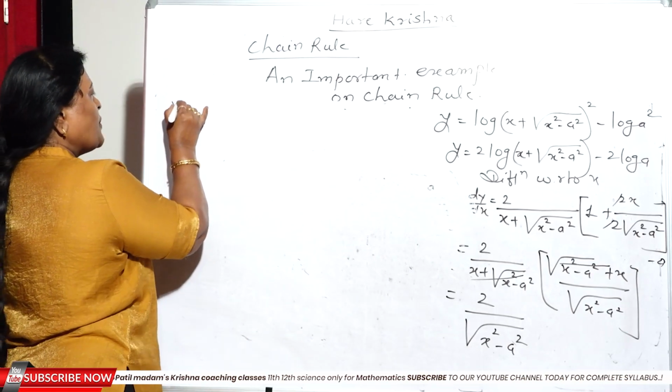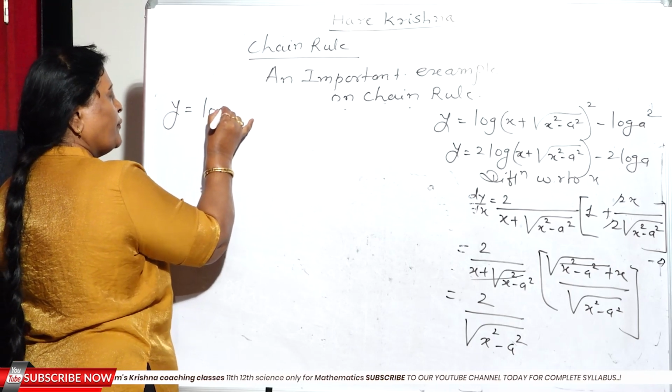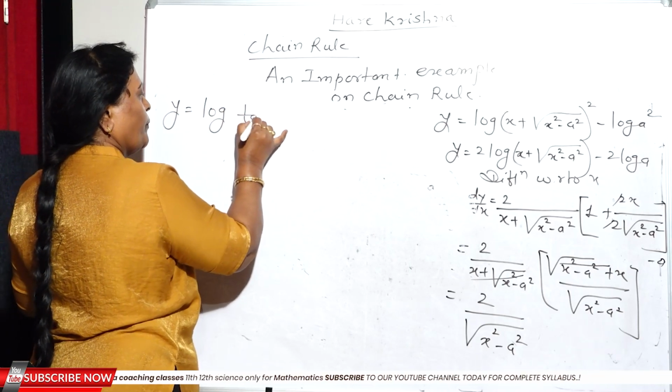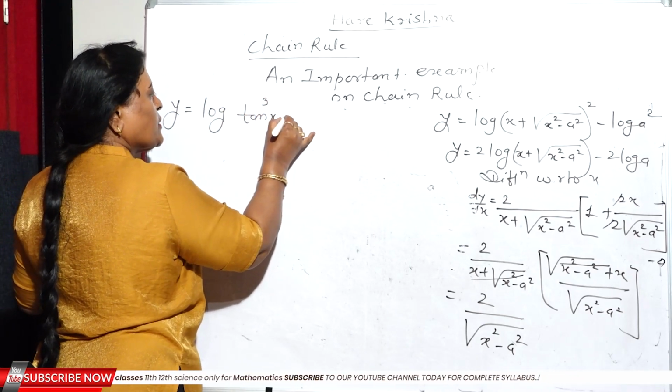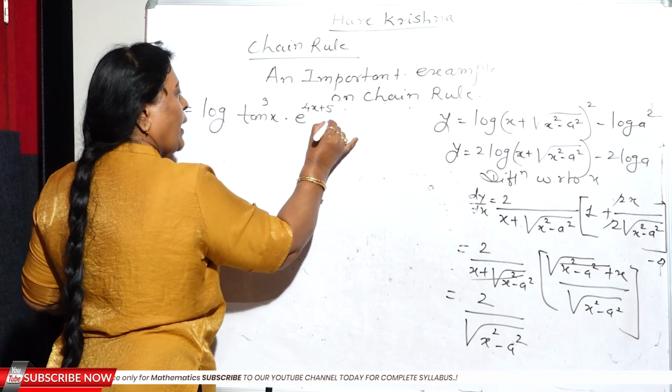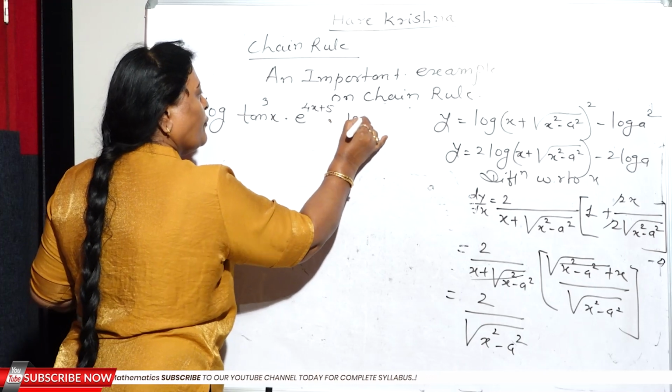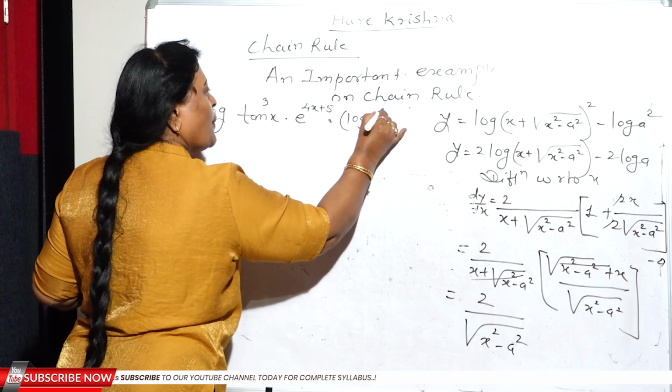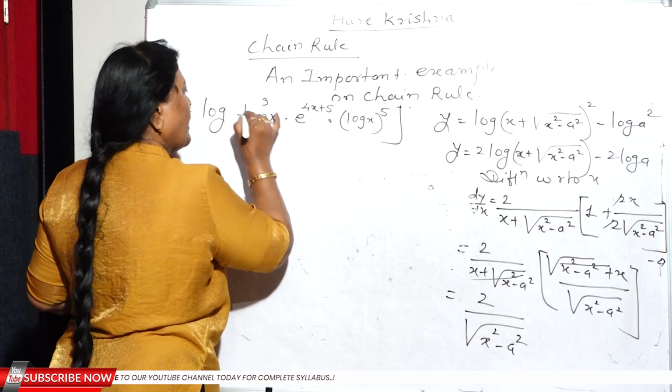So again, suppose the function is like this, log of tan cube x, e raised to 4x plus 5, and into log of x to the power 5, like this.